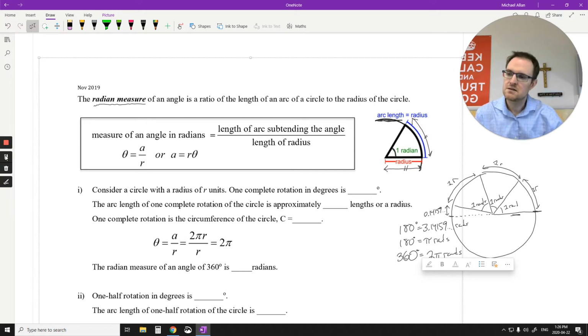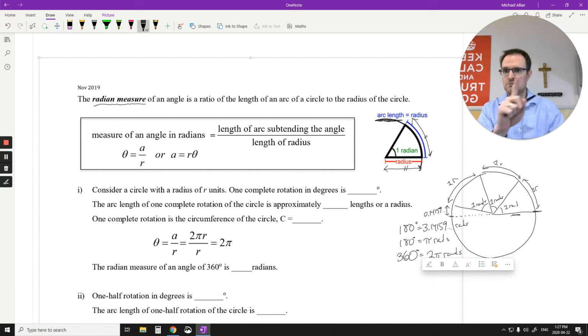Okay. So these little fill in the blanks here are pretty self-explanatory, but this first box up here talks about if I know my angle, and the angle has to be in radians for this to work out, and I know the radius of the circle, I can multiply those two things to figure out what this outside part of the circle happens to be.